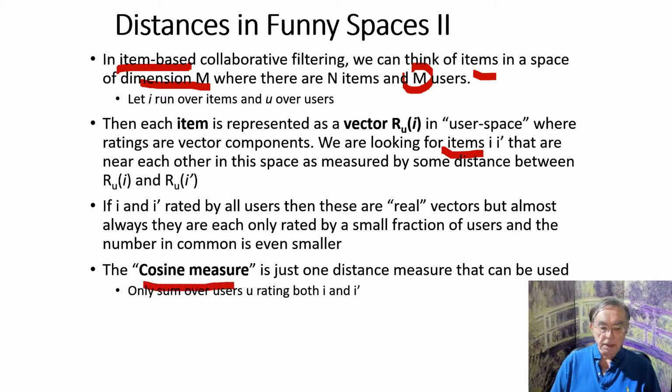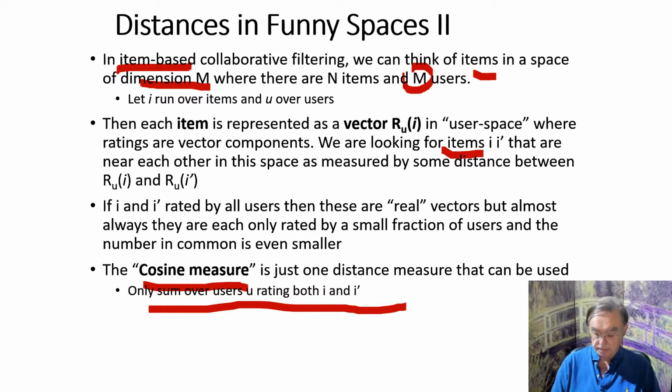This is where we see the cosine measure, which only sums over users that rate both I and I prime. So again, this is a distance. It is not a vector, because the vector has three values: a rating or a yes/no, so it has item which has a value, or it has never seen it, which is not a 0. So you can't use 0 as the case as they haven't seen.